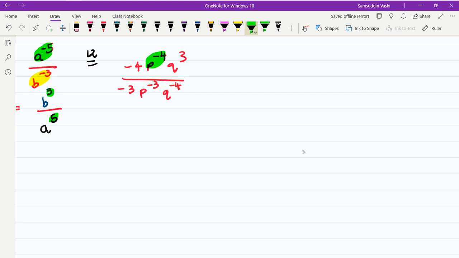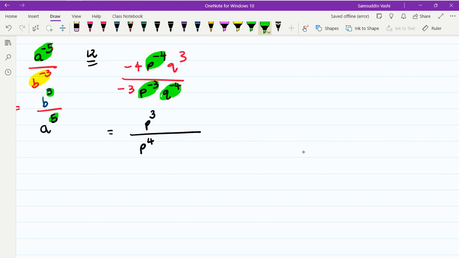So first, I don't like those negative powers, right? Either you can highlight one or you can highlight all of them together, it's fine. I'll prefer highlighting one and changing its place. Now, p to the power of negative 4, numerator. So we will write it in the denominator. Then highlight another one, p to the power of negative 3. I'm highlighting it in the denominator. So I will write it in the numerator.